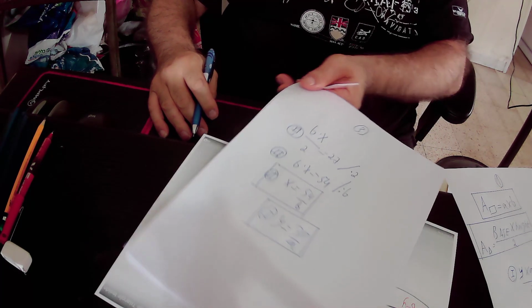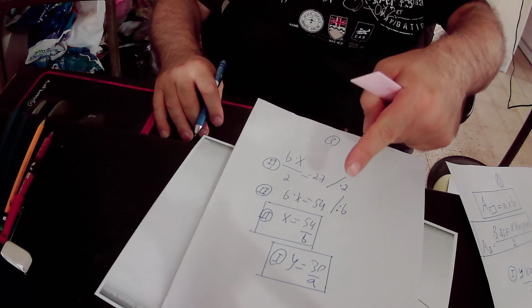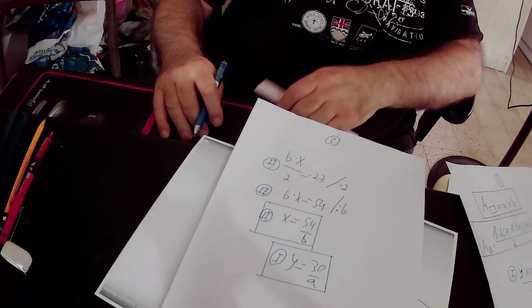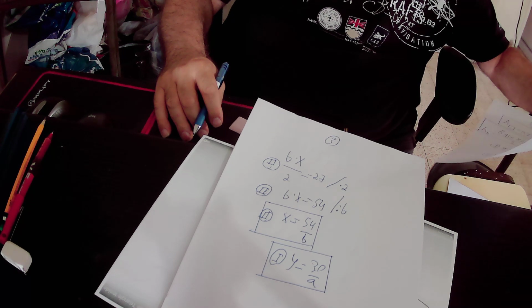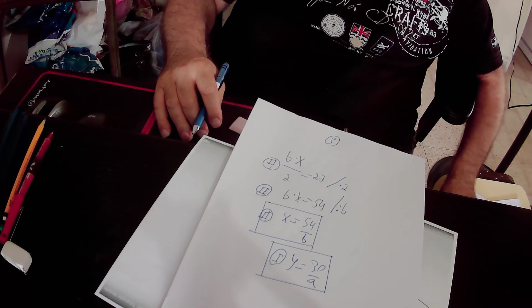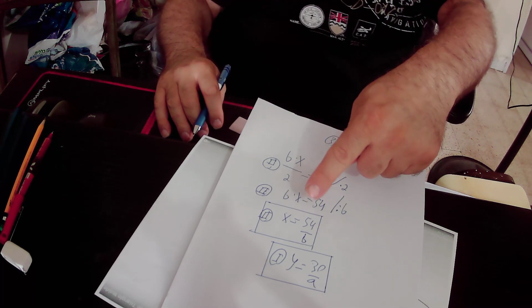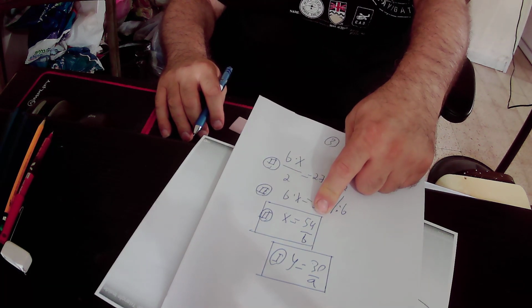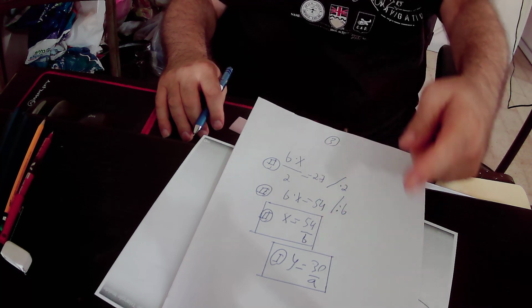So we took x and y out of their equations. In the next step, we will substitute x by 54 over b and y by 30 over a in the third equation.